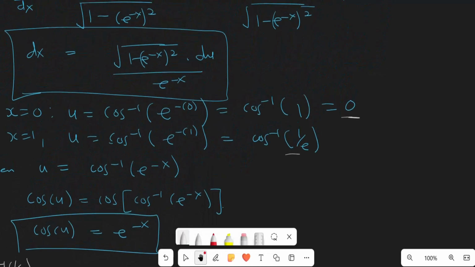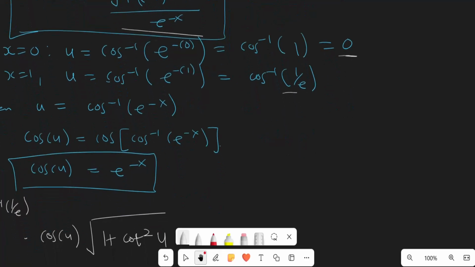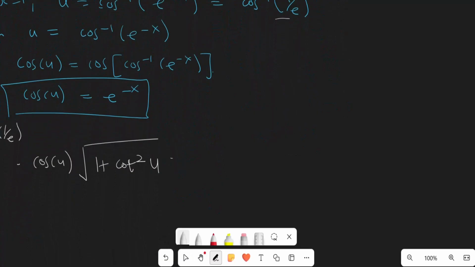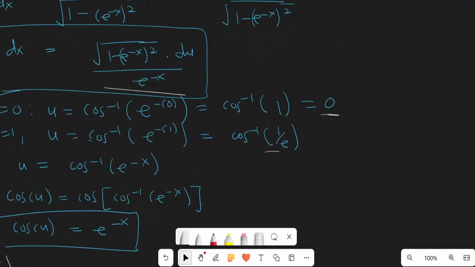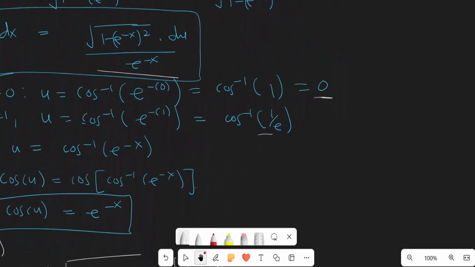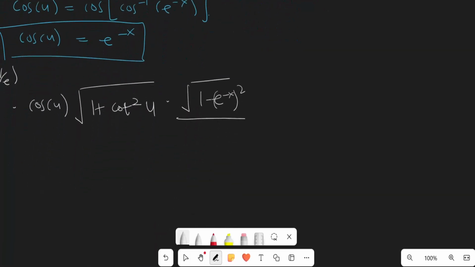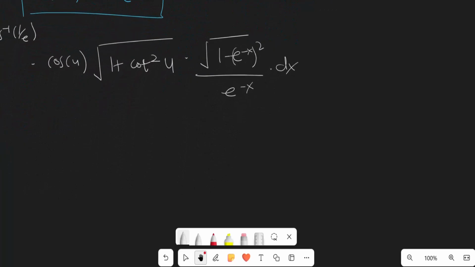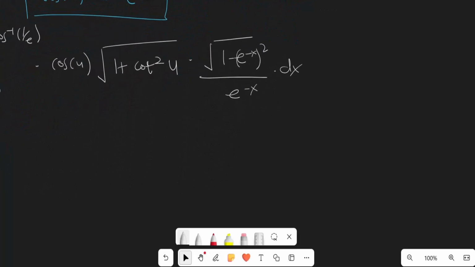What is dx? dx is right here. That is the square root of 1 minus e to the negative x squared all over e to the negative x. But we know that e to the negative x is cosine of u.